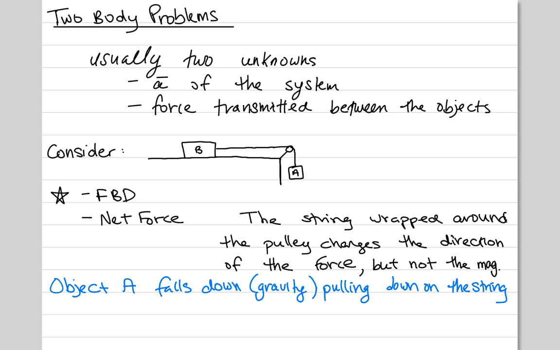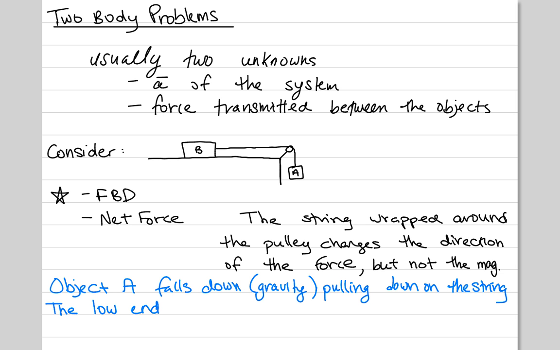Now, this downward force, the direction is changed due to the pulley, and you're going to end up pulling right on the mass labeled B. So object A falls down, pulling down on the string. Let's identify exactly what's happening.